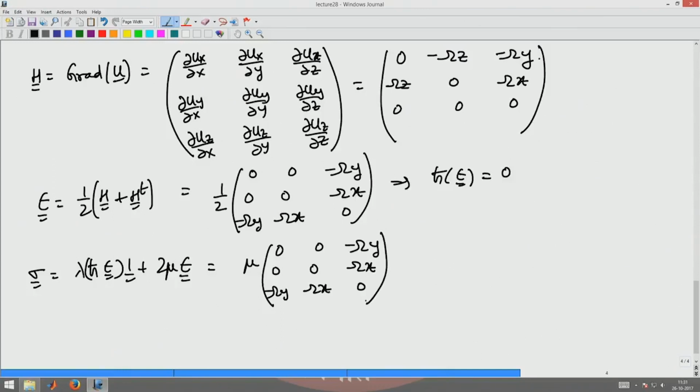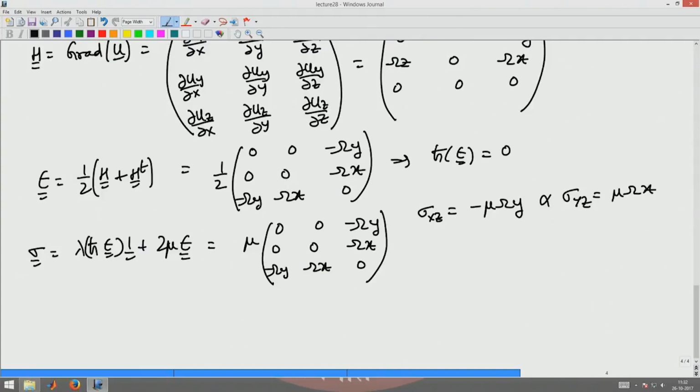Okay. Now I found the stress. I found in particular sigma xz component to be minus mu omega y and sigma yz component to be mu omega x. Okay. Now I will see what happens to the equilibrium equations next.